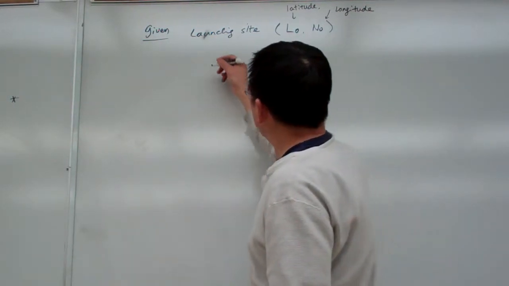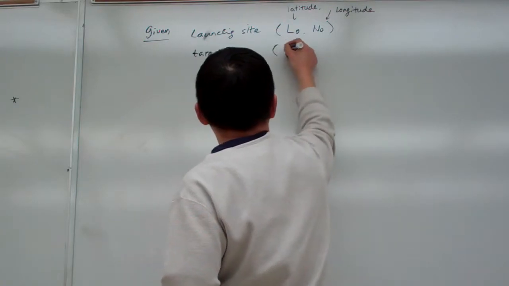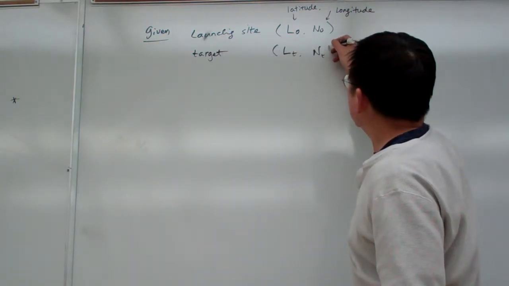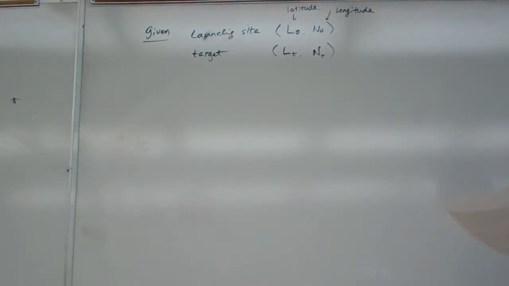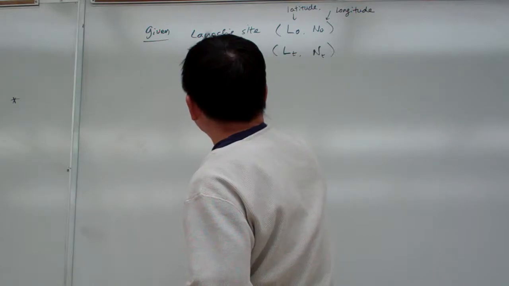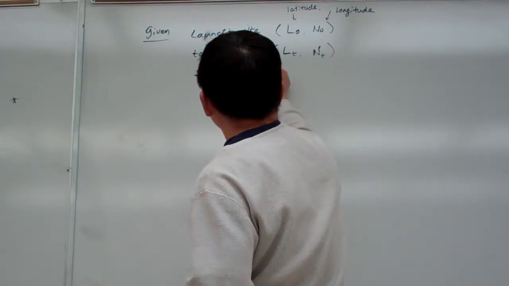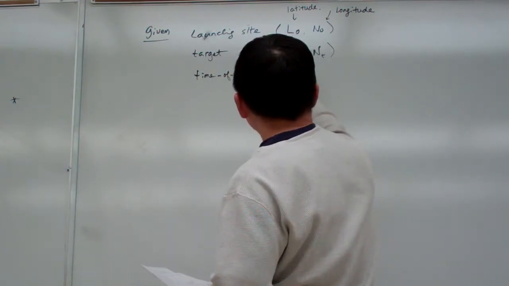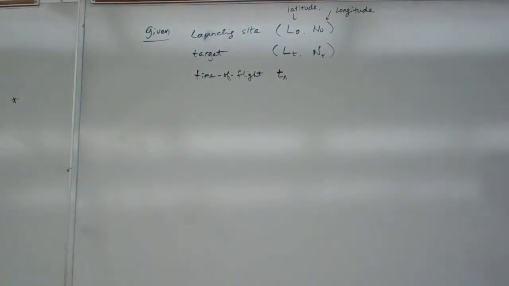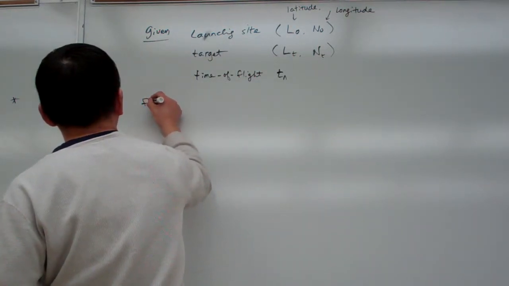Okay, and also we are given our target, and we have the latitude and longitude of the target. We are given this, and then we are given the time of flight. Our calculated time of flight, and let me say that is T, capital lambda.